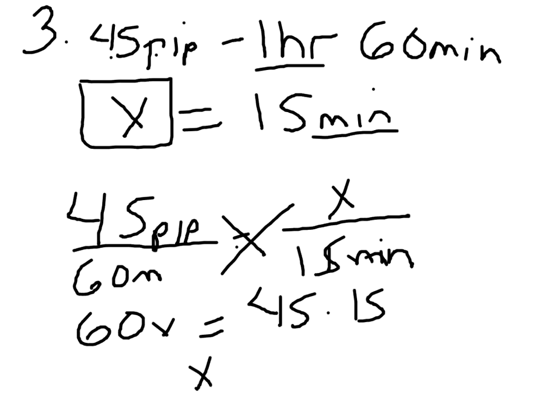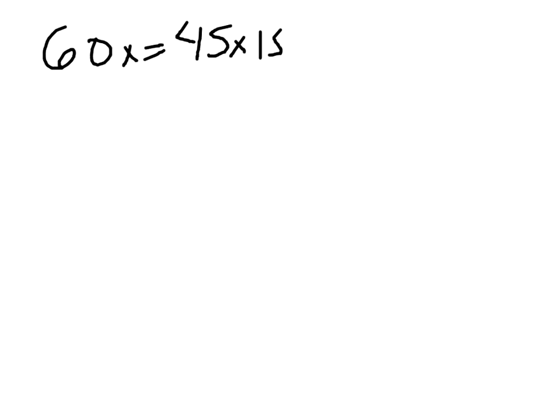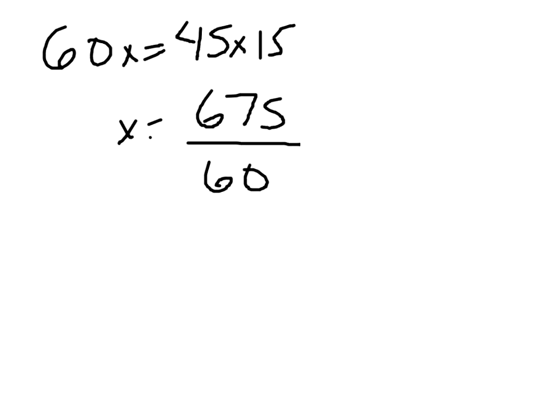So x, here, let's carry this over, just so that all the work is on the same page. So we had 60x equals 45 times 15. So now we want to solve for x, okay? So we know 45 times 15, you can get your calculator out and determine that that's 675, right? So we're going to do 675 divided by 60.